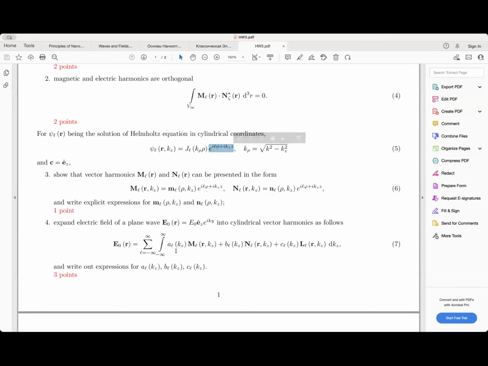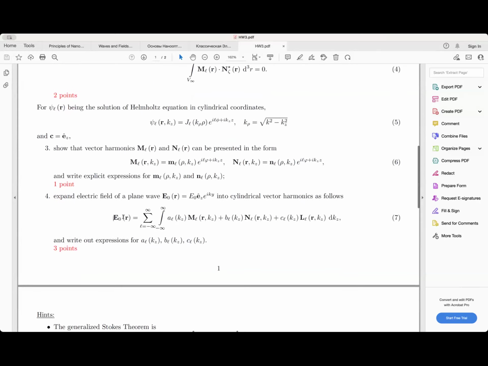Сейчас, смотри, если мы электрическое поле помножим на какое-нибудь ml прайм kz прайм, то ML там будет 0, потому что они просто ортогональны. И мы проинтегрируем это все по kz и по углу. Если мы проинтегрируем только по углу, то получится только ортогональность, дельта Кронекера.